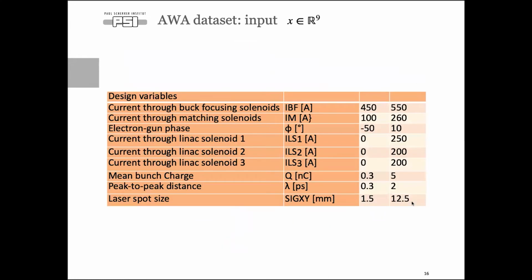So for the data set, what we used was the following input, in total 9 input variables, namely the current through the solenoids, the electron gun phase, the mean bunch energy, the peak-to-peak distance, and the laser spot size.